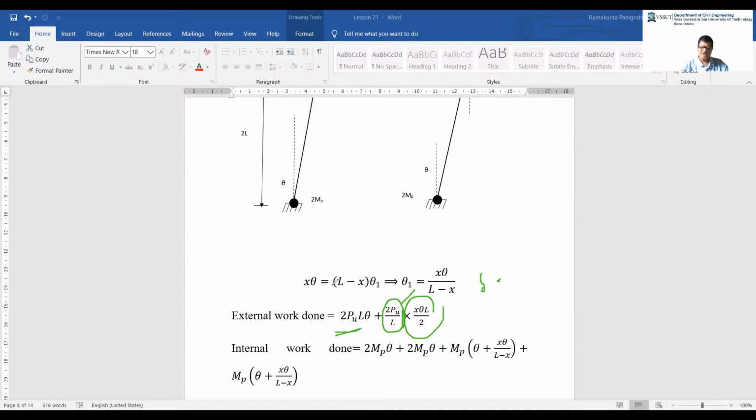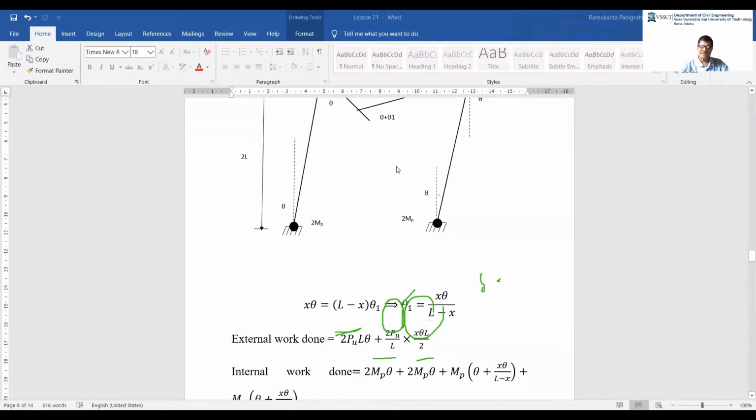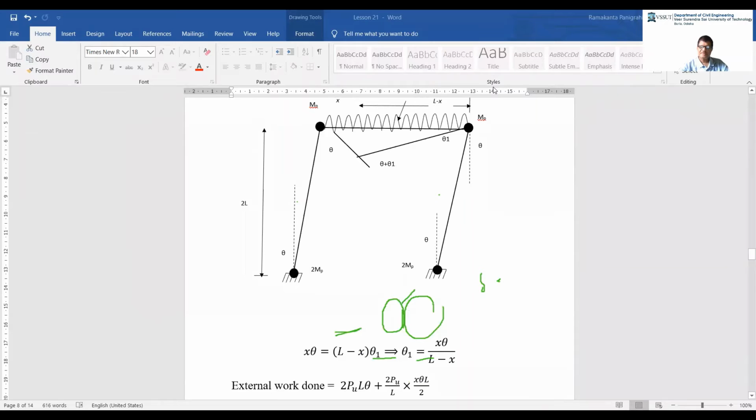And the internal work done will be 2 MP theta here, 2 MP theta here. So 2 MP theta, 2 MP theta, and MP into theta plus x theta by L, and MP into theta plus theta 1. So you can see here this MP into theta 1, MP into theta.